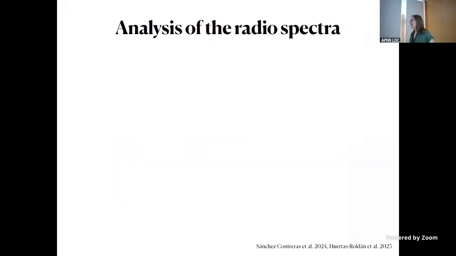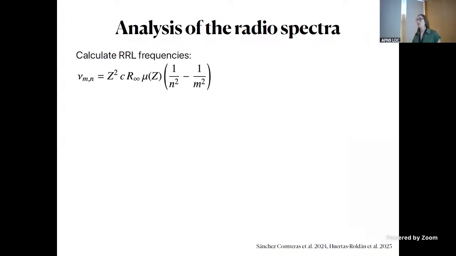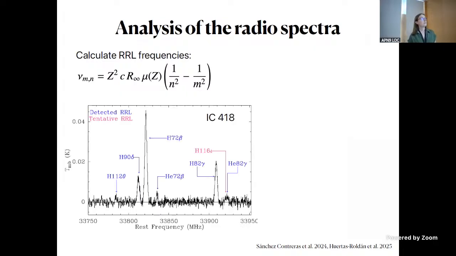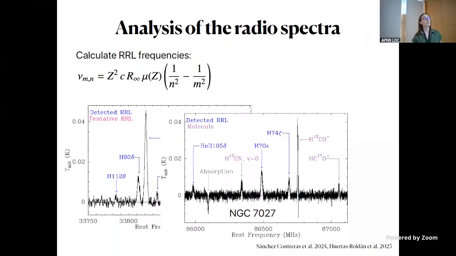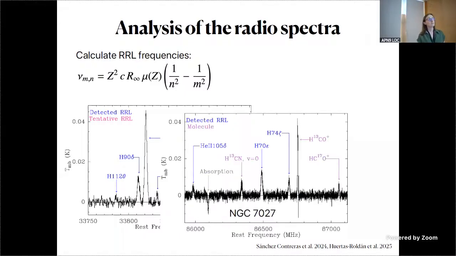When we first had a look at the spectra, we found a significant number of radio recombination lines. So first, we calculated all the frequencies of light atoms using the Rydberg approximation, and we could assign each emission line with its corresponding radio recombination line. We did this in IC 418 and also in NGC 7027.